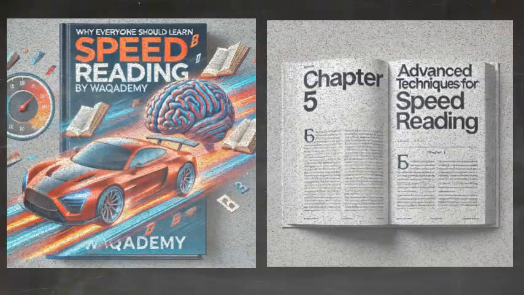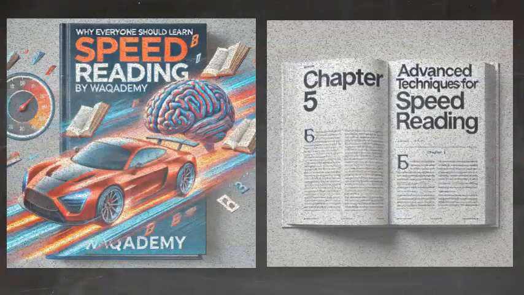She reduced the screen brightness, switched to a sepia background to reduce eye strain, and used digital bookmarks to mark important sections. Lisa also used an app with adjustable text speeds, which allowed her to practice speed reading while controlling the flow of text. By making these changes, Lisa was able to maintain her speed reading efficiency in a digital format.